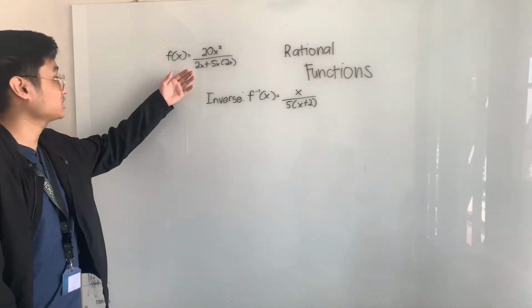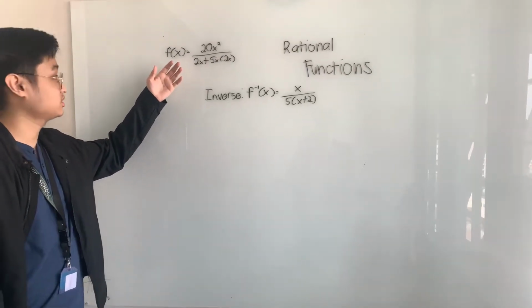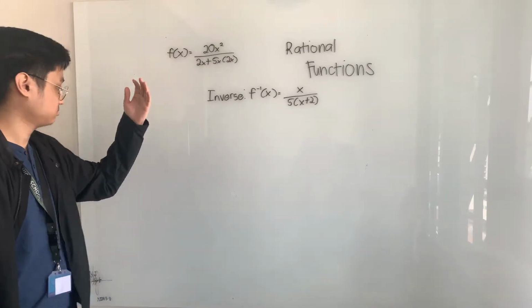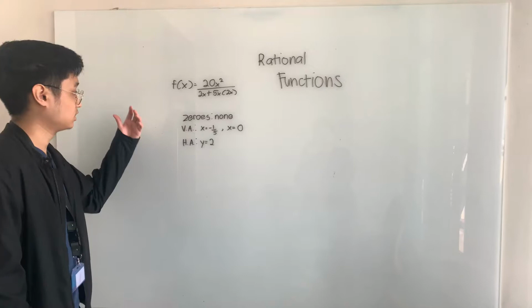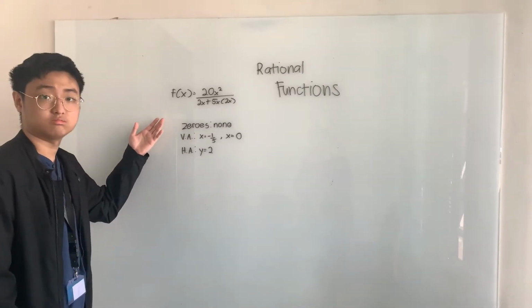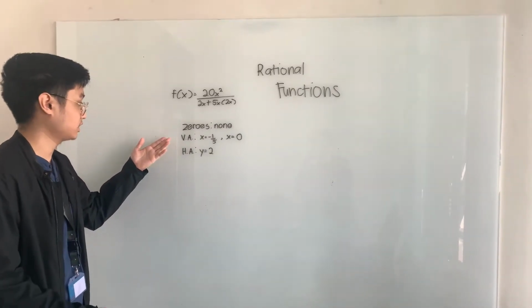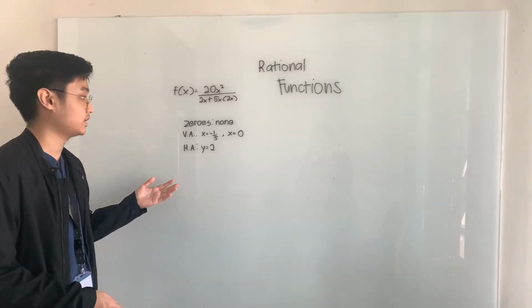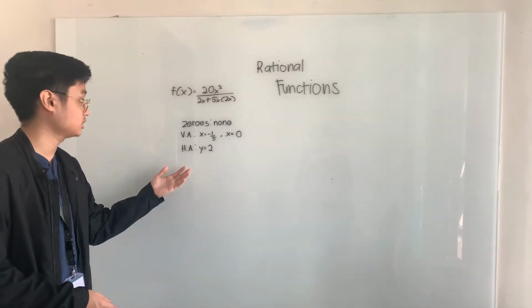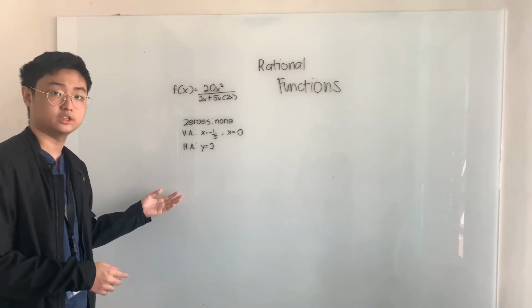The graph of 20x squared over 2x plus 5x times 2x is this. Zeros are none, and the vertical asymptotes are x is equal to -1/5 and x is equal to 0. And the horizontal asymptote is y is equal to 2.